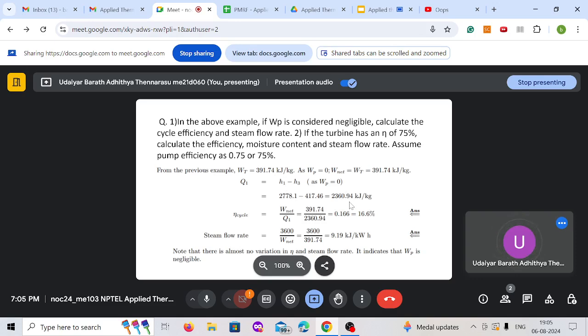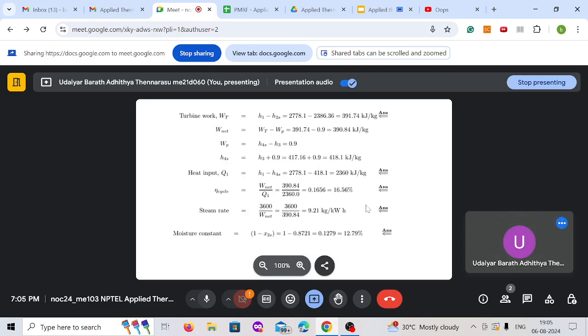So now the efficiency of the cycle is again net work divided by the heat added, which is 391.74 divided by 2360.94. So this comes out to be 16.6%. If you see, in the previous problem it was 16.56. Here too, the turbine work is 391.74, so with 1 kg per second, it will be 391.7 kilowatt.